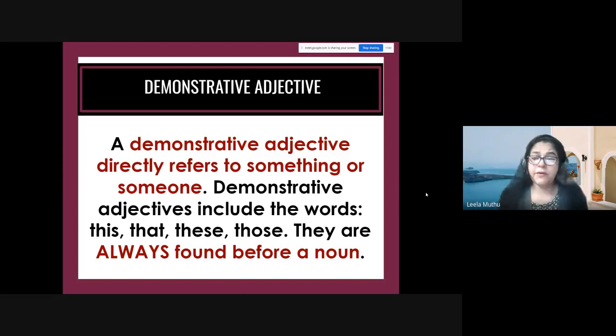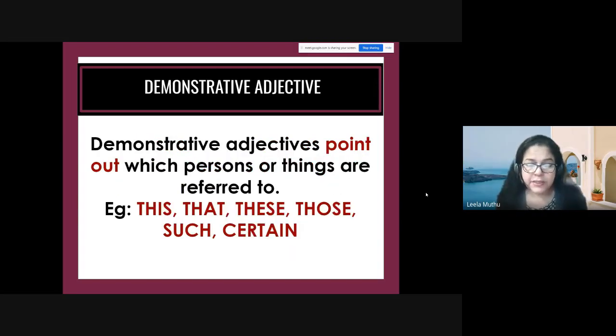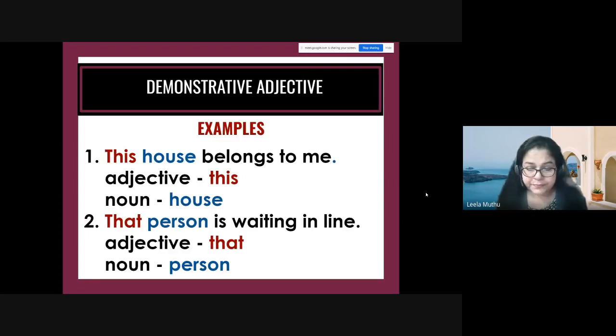The demonstrative adjectives are this, that, these, those, along with words like such and certain. And they always come before a noun, don't forget it.